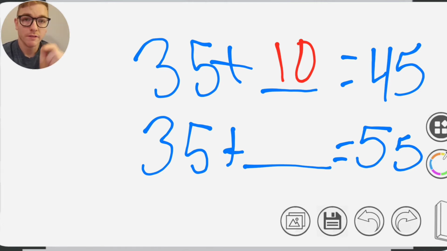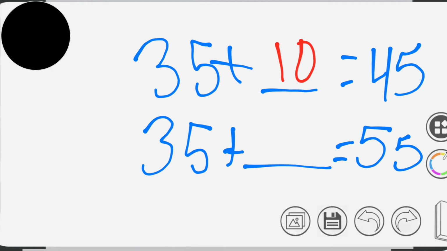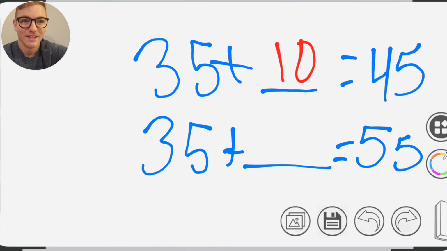If we want to figure out the next addend, all we have to do is figure out the difference between the two sums. We've talked about this a couple different times: if the sum goes up a certain amount, then the addend is going to go up the same amount.